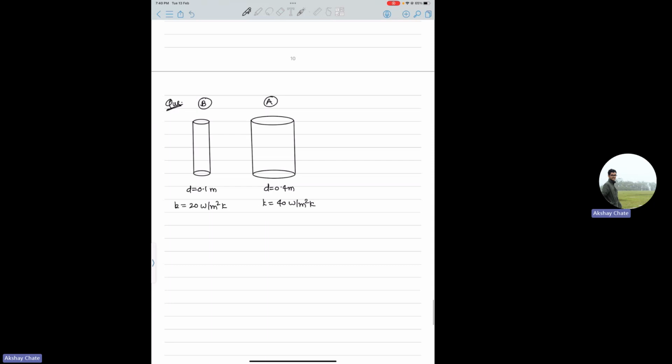So rho Cp is directly given for shaft B. It is 2 into 10 to the power 7 joule per meter cube Kelvin. For this rod, it will be 2 into 10 to the power 6 joule per meter cube Kelvin.